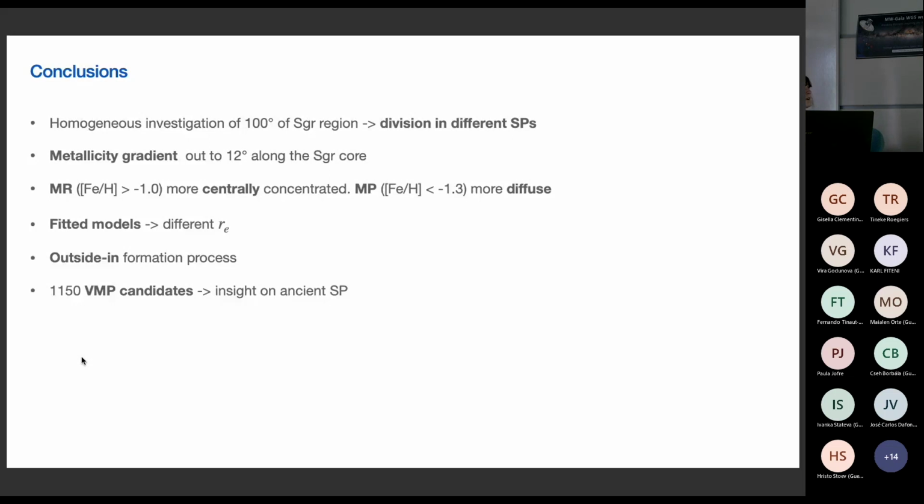We fitted models finding different values for the scale radius, hinting at different distributions for the two populations, and all these findings together suggested to us that Sagittarius could have experienced an outside-in formation process. This means that at some point the star formation of Sagittarius was quenched, probably by the interaction with the Milky Way, but a later star formation episode might have occurred while the gas had time to get enriched.